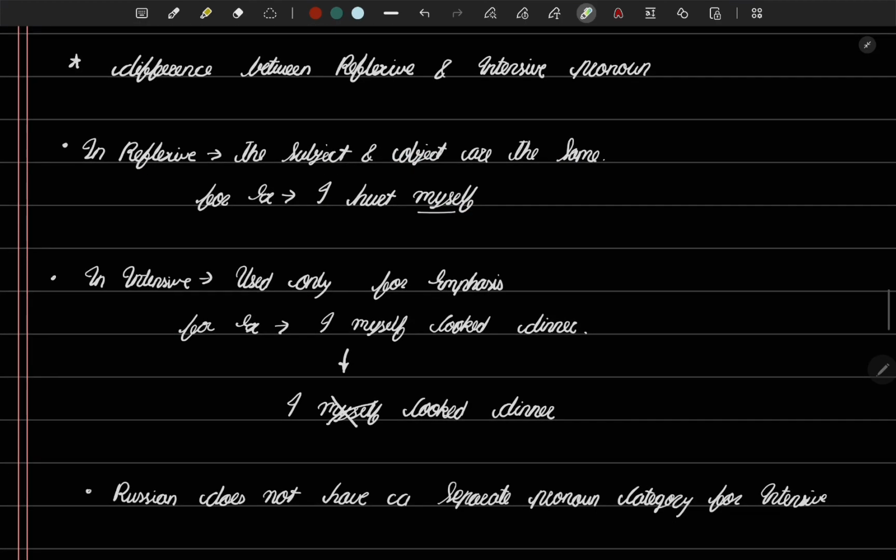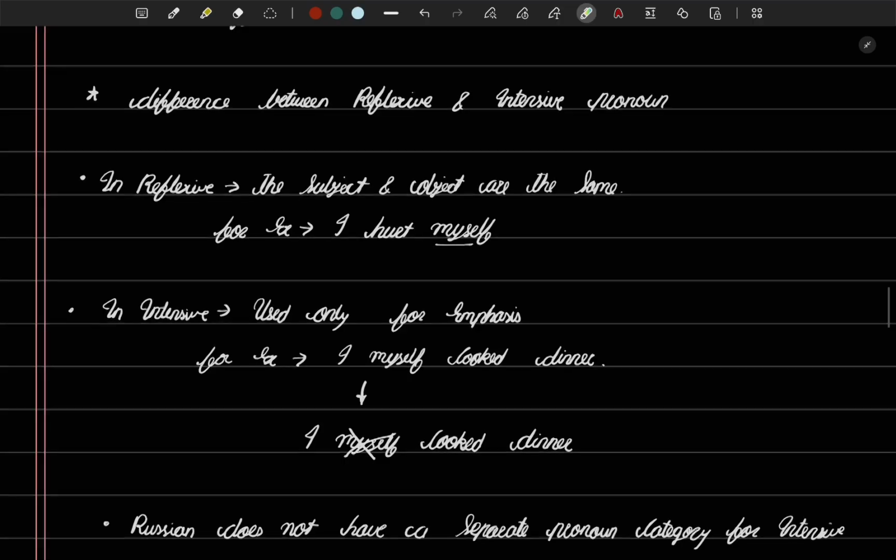Whereas in intensive, it is used to emphasize the noun or pronoun. For example, I myself cook dinner. If you remove myself, the sentence is still complete: I cook dinner.